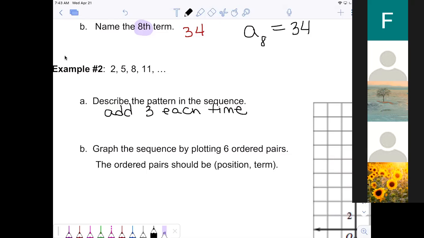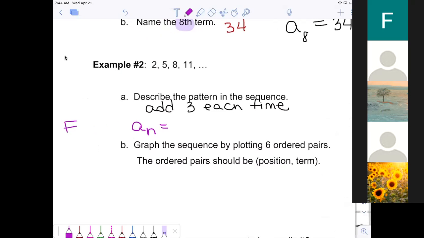The next thing that I want us to do that it doesn't ask us to do right here, I want us to see if we can write a formula, which is kind of like an equation. So when we write a formula, I want to write an equation that I could use to find the next term. And I'm going to write over here equation.